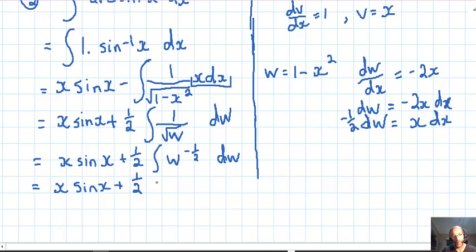Now we add 1 to the power, and we get w to the half over a half plus c. We've got x sine x. Now we've got a half divided by a half. That just leaves the w to the half, or root w, plus c.